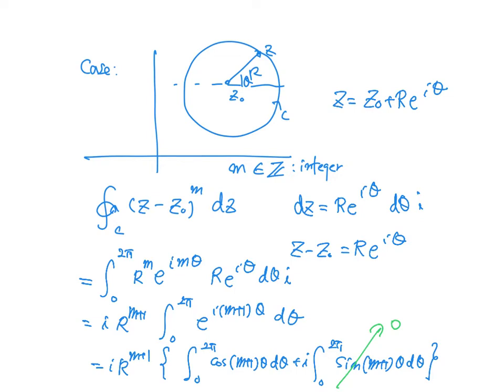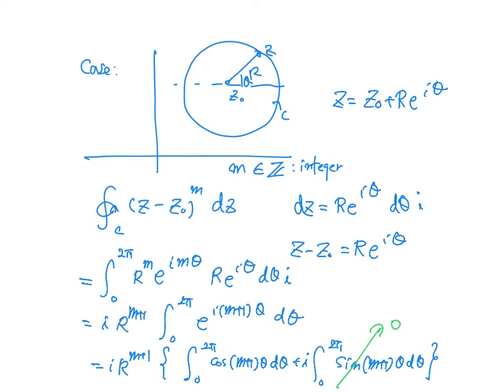And you integrate cosine of integer theta over this theta. Always 0, or is there a particular case? When m is equal to minus 1, then cosine is 0, is 1, right? And otherwise it's 0, right?